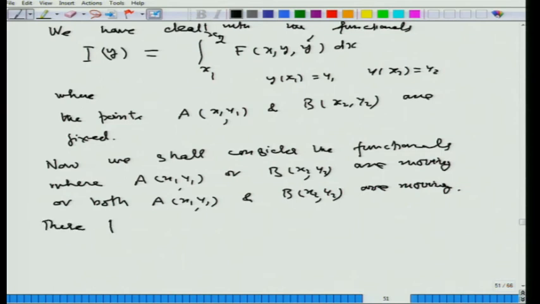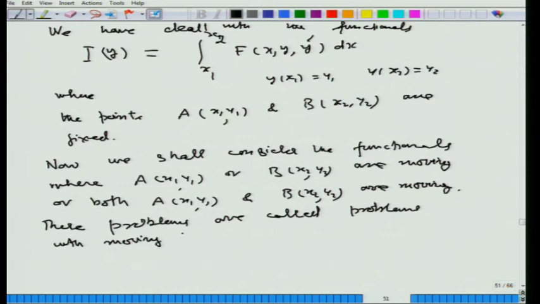These problems are called problems with moving boundaries.